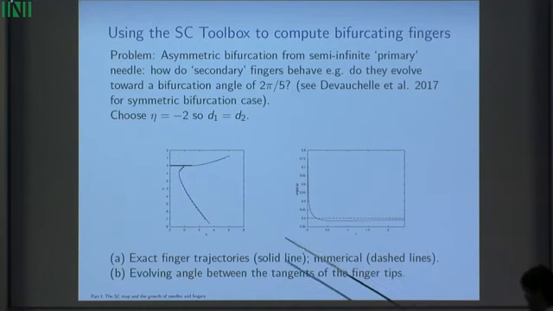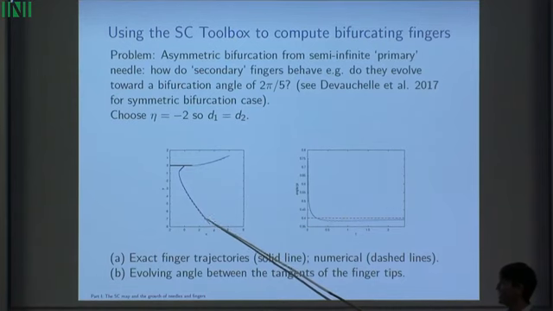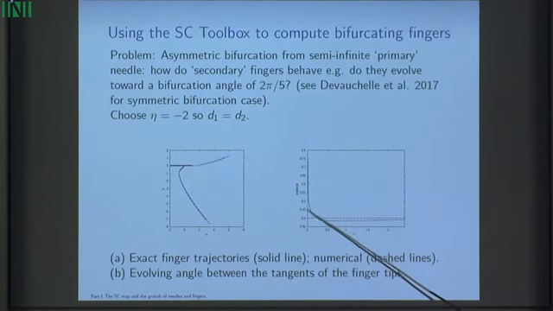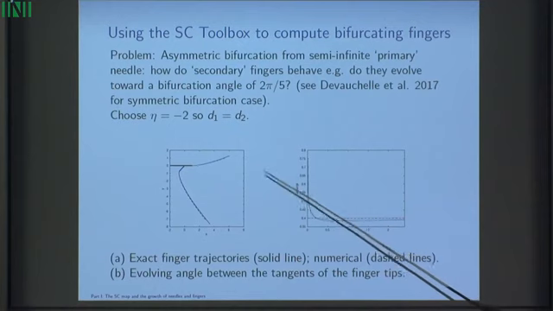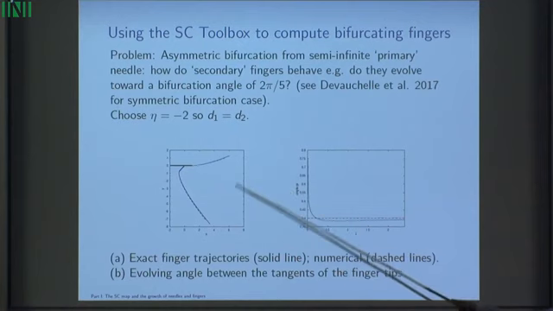But you can do it. And this compares the numerical solution with the exact solution. Also here, I've plotted the tangent angles between each of these branches, and you'll see that they eventually go to 2 pi over 5. So again, this is really something that these branches want to do in a Laplacian field.